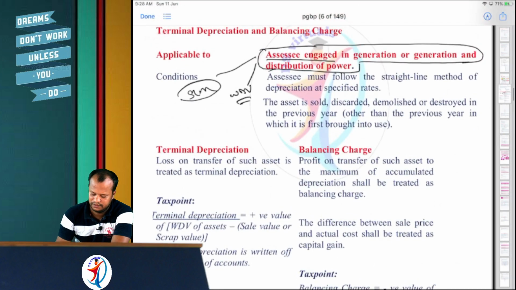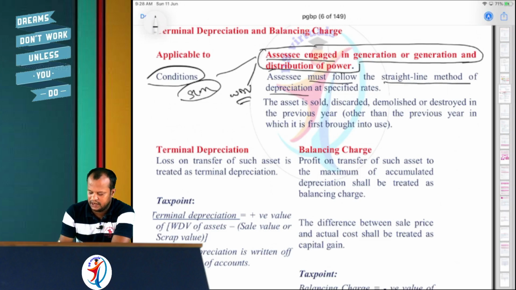Condition: the assessee must follow the straight line method of depreciation at specified rate. Already I discussed this point.